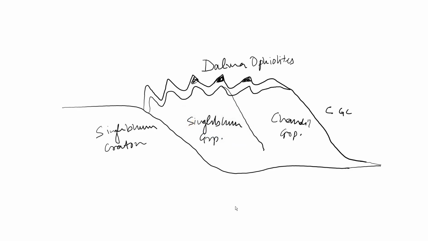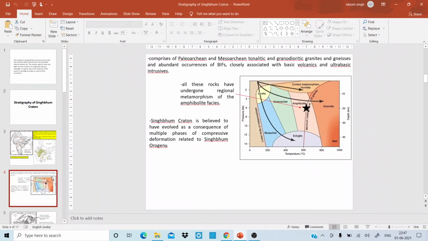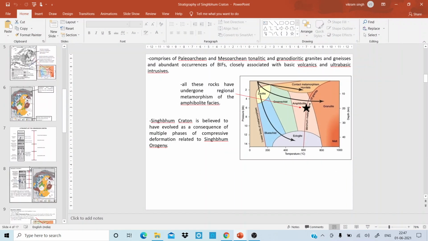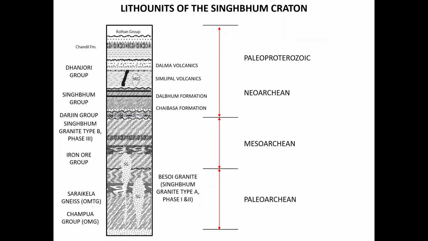So, all right. So, see this. Now, when we are talking about the litho units of the Singhbhum Craton, as I told you, these are typically the Archean portion.